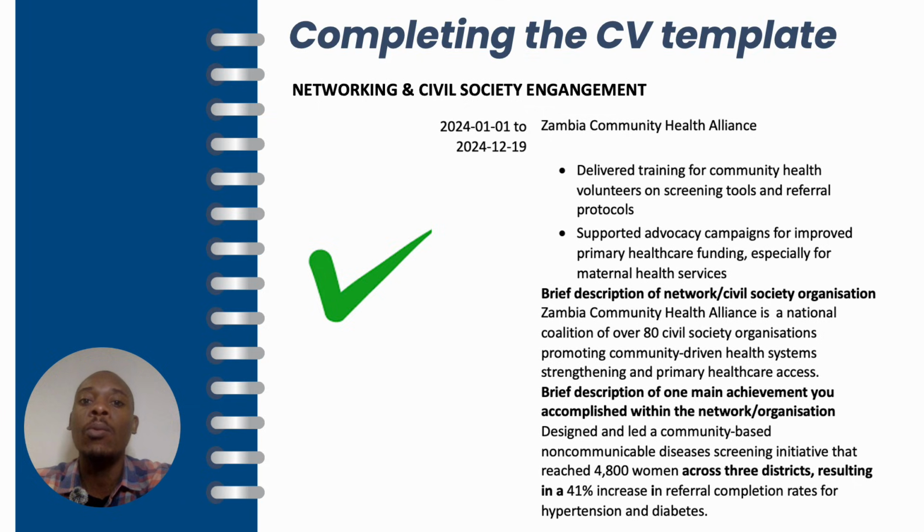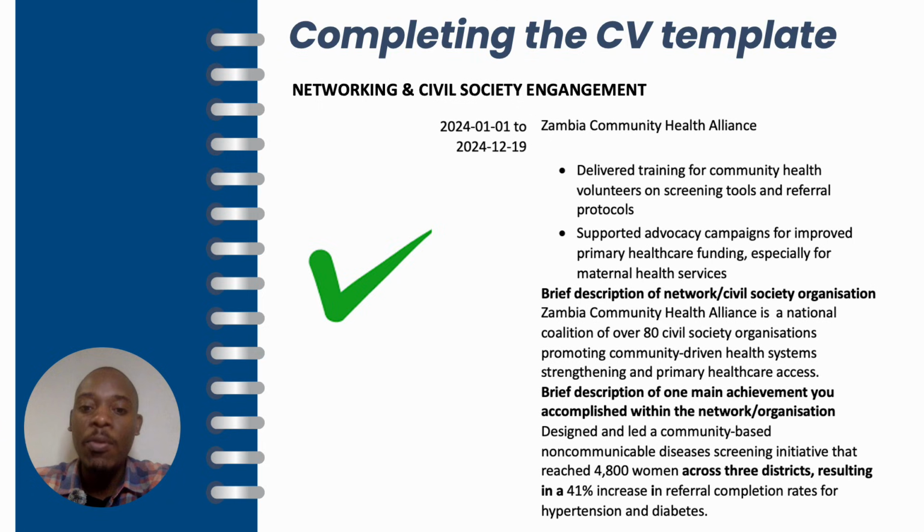So you clearly indicate what you've been able to do by quantifying your achievement. Use numbers. Scholarship providers, when they are reading the essay information or the scholarship documents, they love numbers. They want to see percentages because they quantify how much impact you are already making even before they select you. So include numbers, include percentages, and ensure that the organization where you had that networking or civil society engagement experience is given a full description, like I mentioned under work experience. You give the size of that institution, what is their objective or mission, and what activities they carry out.